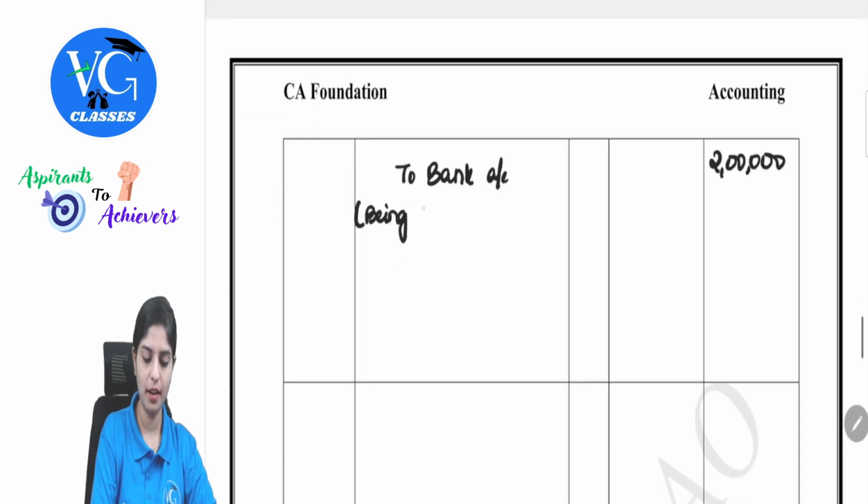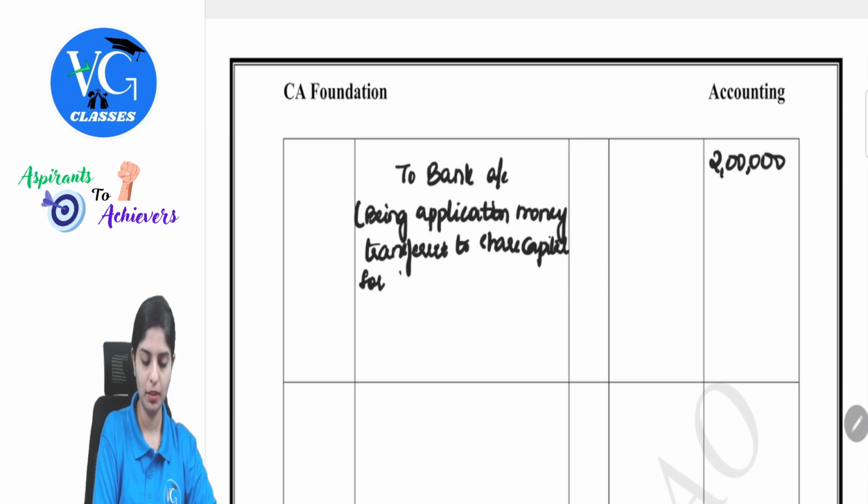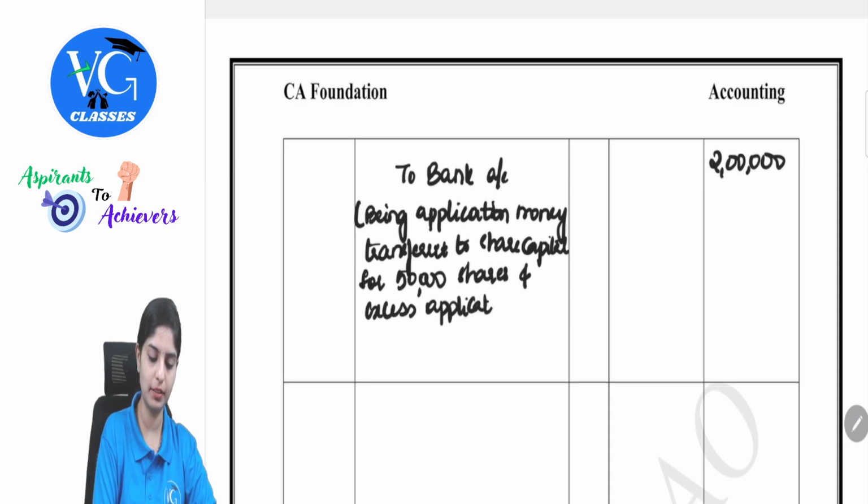Being application money transferred to share capital for 50,000 shares and excess application money received is refunded.